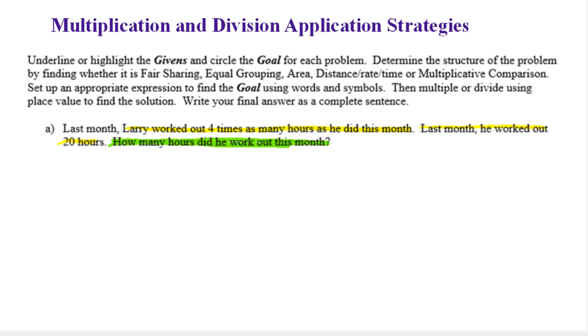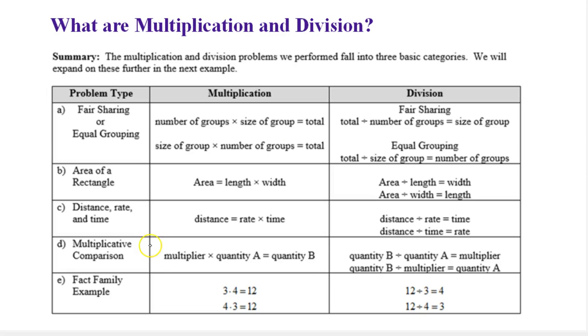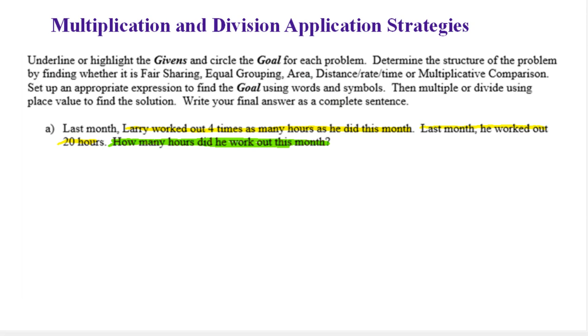So notice that this is going to be a multiplicative comparison problem. Okay, and it may take you a moment to realize that because you're new at this. But it's basically saying one amount is some number of times as large as another amount. Namely, we're comparing how much he worked out last month compared to this month.